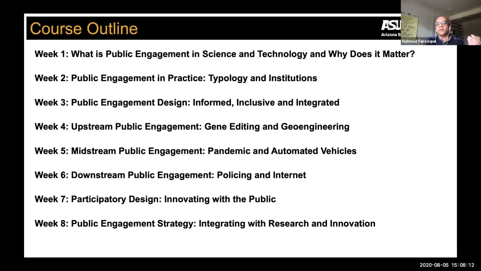How can we include those voices: indigenous voices, people with disabilities, people who are marginalized, people who are systematically left out of the conversation in this process? It's a different set of questions depending on where you are in the technology spectrum. If you're upstream, let's say something like gene editing or geoengineering, it doesn't exist. It's all hypothetical. Should we or should we not do it? It's a different set of questions.